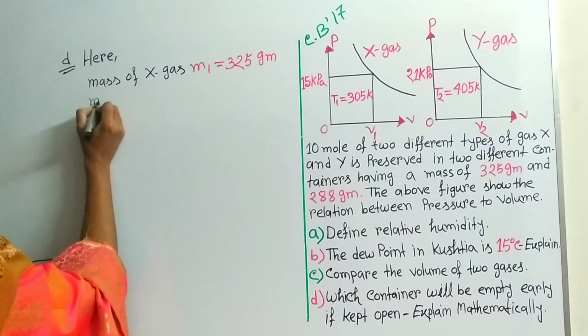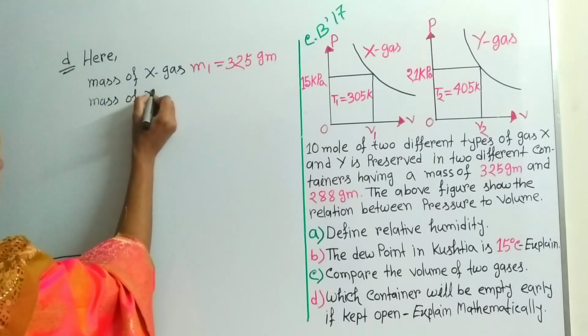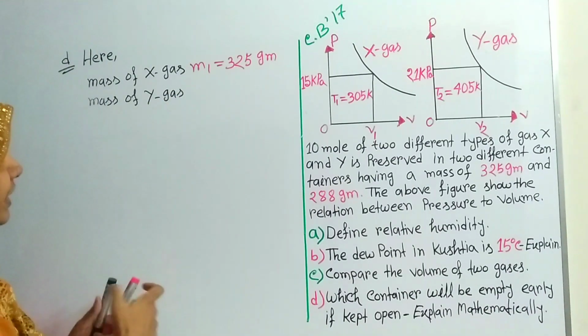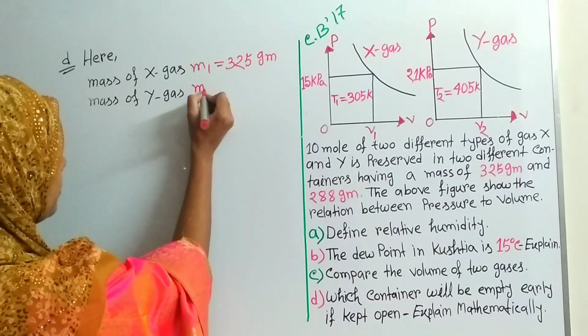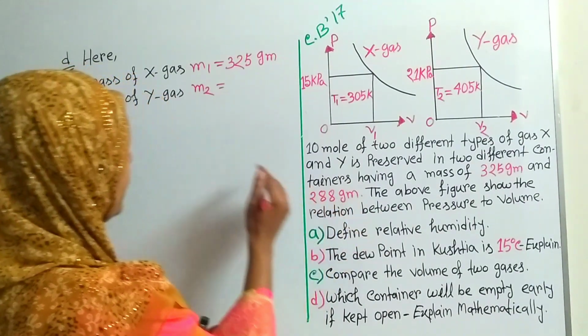Mass of Y gas, that is M2, is equal to 288 gram.